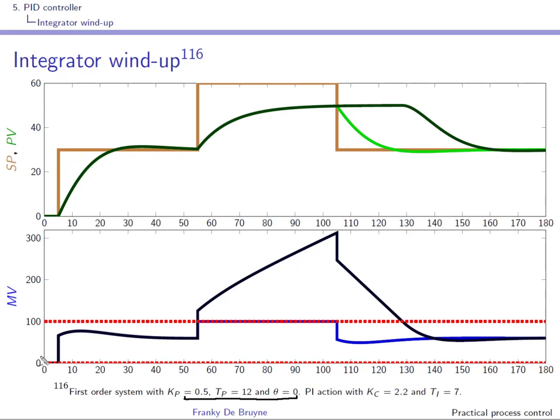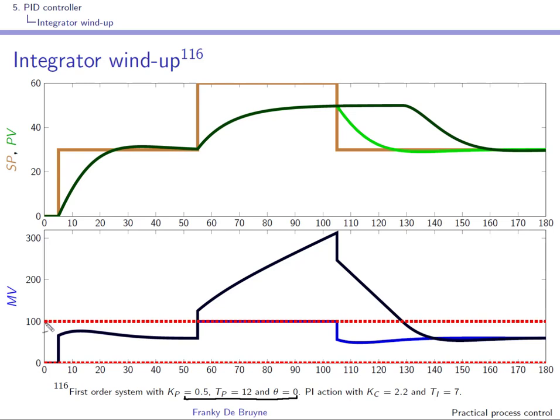So it could be, for instance, that the actuator is a control valve that will close at 0% and be fully open at 100%. And of course, if you try to impose an opening of 200%, this valve can and will not react to that, so it will stay open at this full opening of 100%.